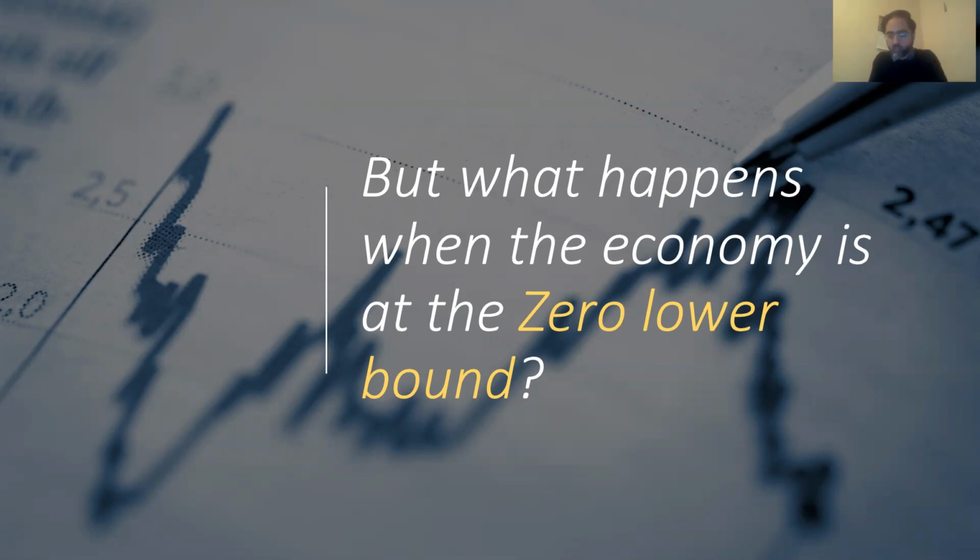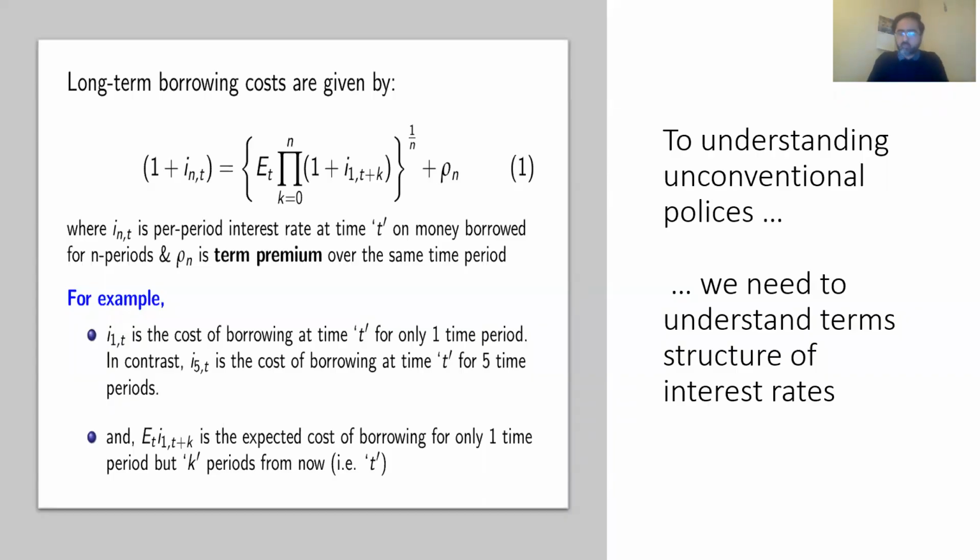It could be negative, could be -1 or whatever, but there is a threshold and you can't go below it. How will the central bank stimulate the economy at that point? In order to understand that, we need to understand the term structure of interest rates.